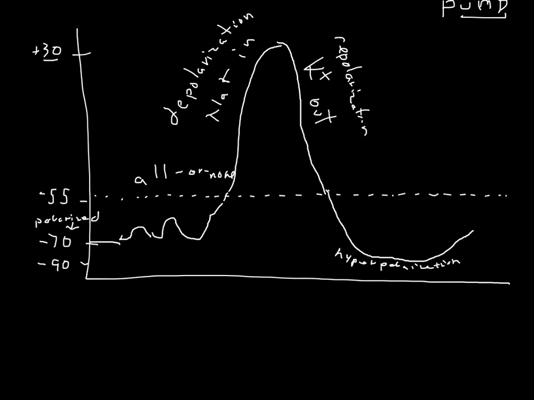Slowly, as all the doors close, we can place it at the bottom of this graph. So at this point, we would say all doors closed, and the sodium-potassium pump continues to chirp away there and bring that potential slowly back to RMP.